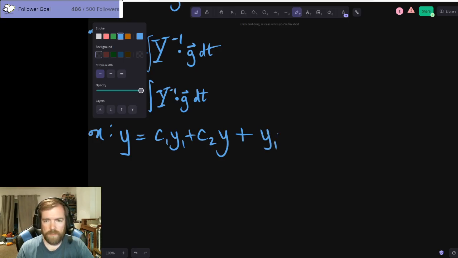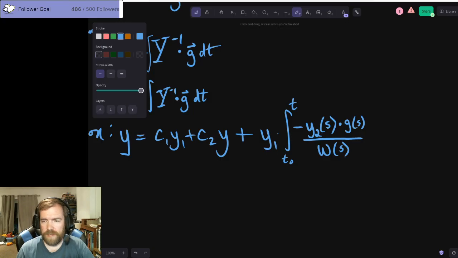y1 times the integral from t0 to t of negative y2 of, we're going to just use a dummy variable in this case, s times g of s all over the Wronskian in terms of s as a variable, ds, plus y2 times the integral.